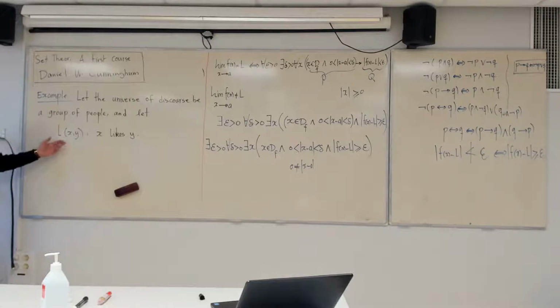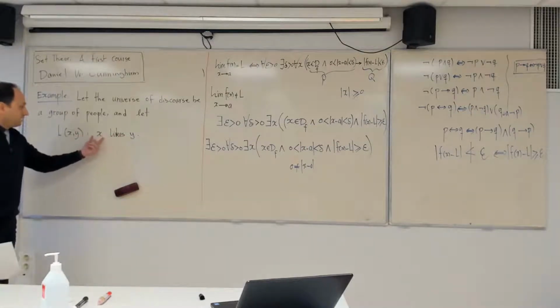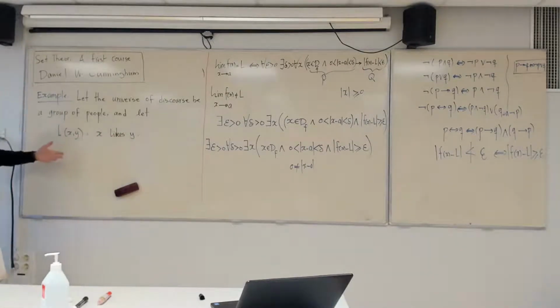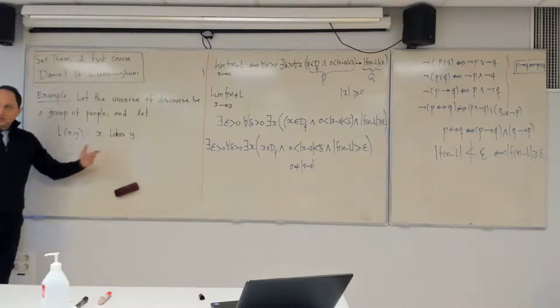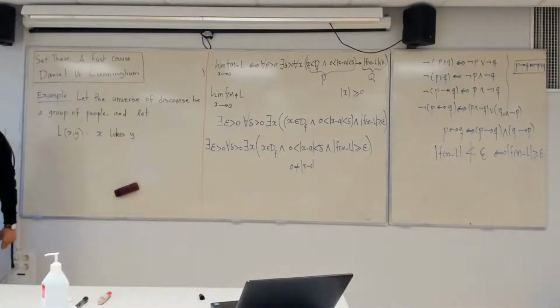This is a predicate. I cannot say that this is a statement because I don't know if that is true or false, depending on the choices for x and y. I have to make the choices for x and y so that I can say that this is a true statement or a false statement. But this is a declarative sentence with those properties. So it's a predicate in two variables, yes?